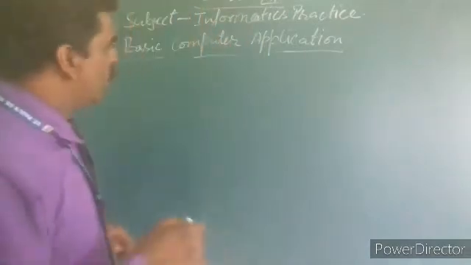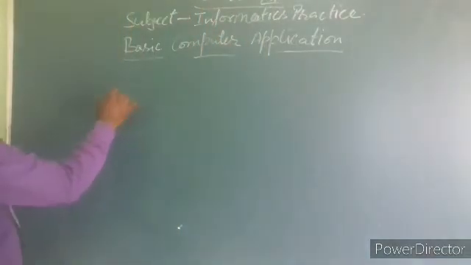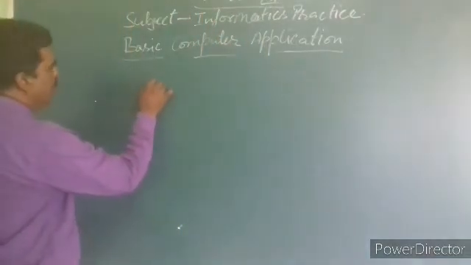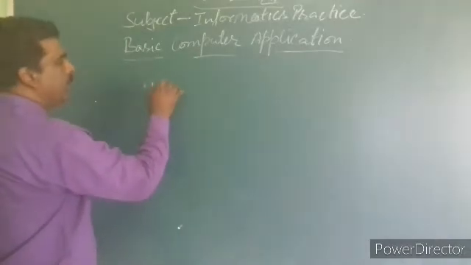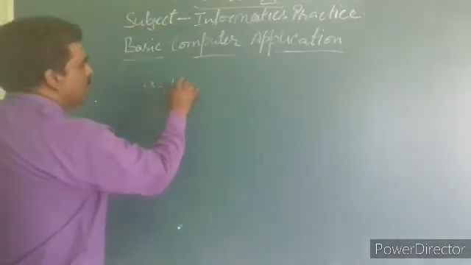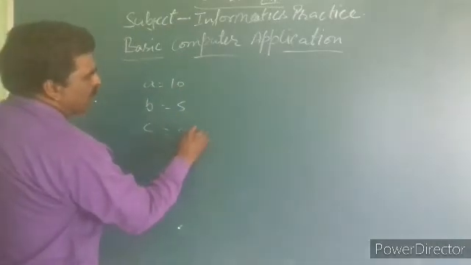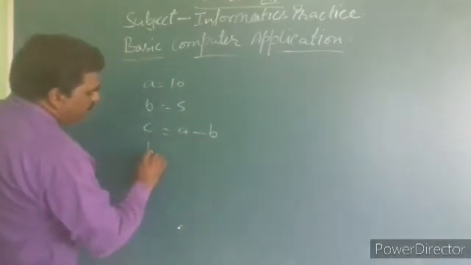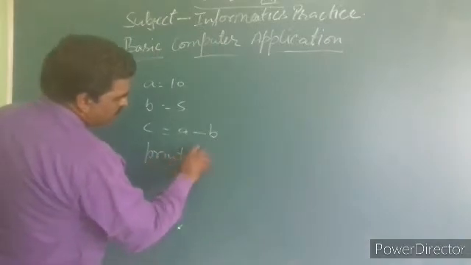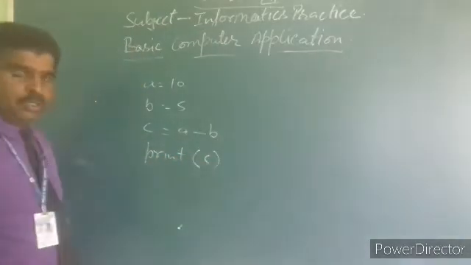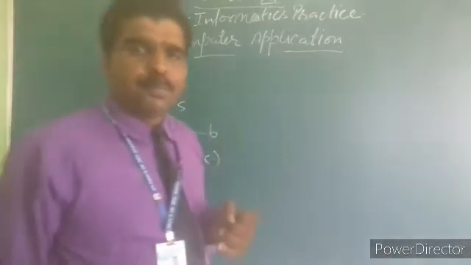So today we are taking variables here: a equals 10, b equals 5, after that c equals a minus b, then print c. Actually this is a simple program.